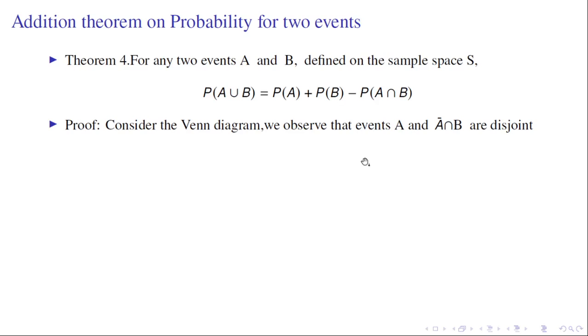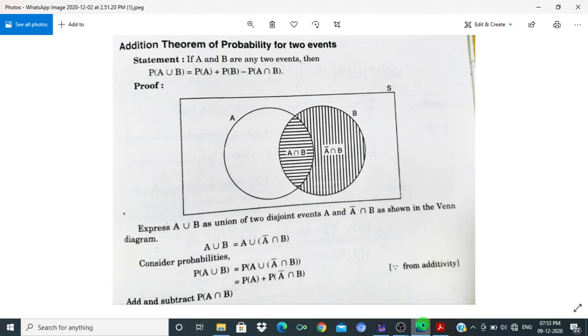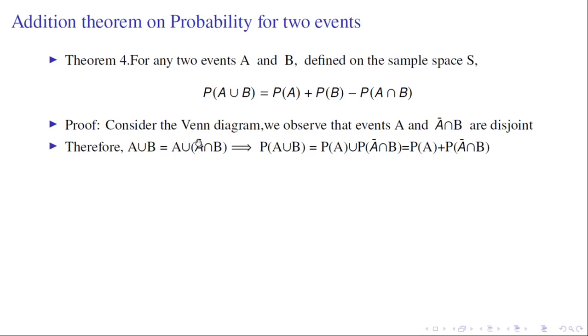Again, consider the Venn diagram. Here A and A bar intersection B are disjoint. Look here, this is A and this part, the vertical lines part, is A bar intersection B. There are no common elements for A and A bar intersection B. You observe that A and A bar intersection B are disjoint.